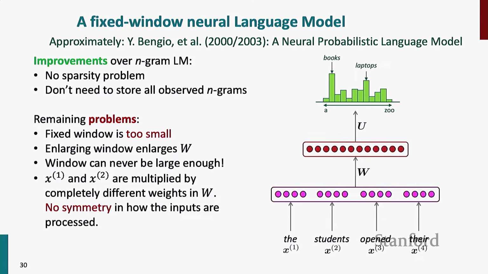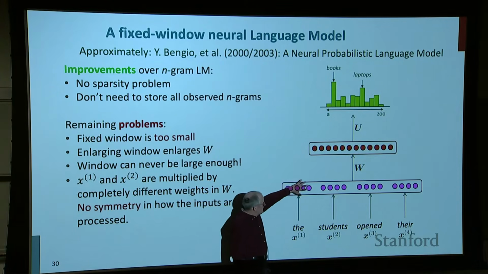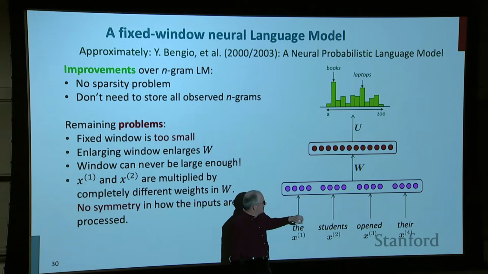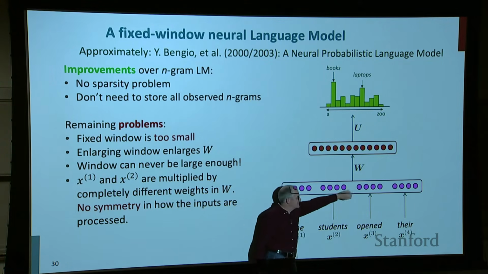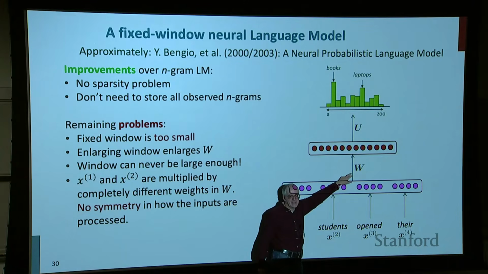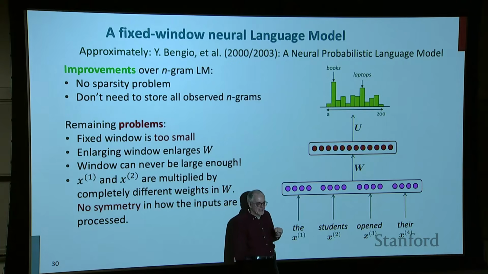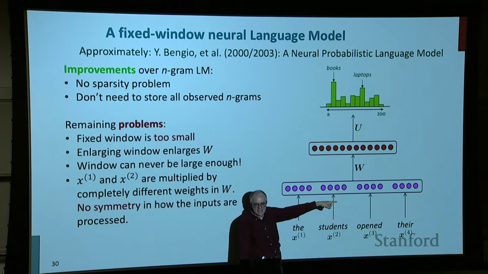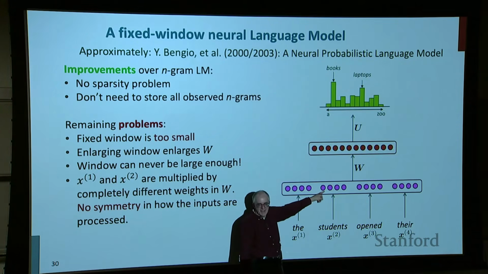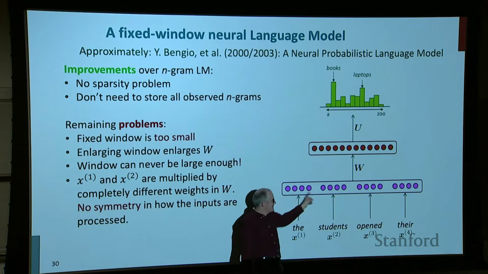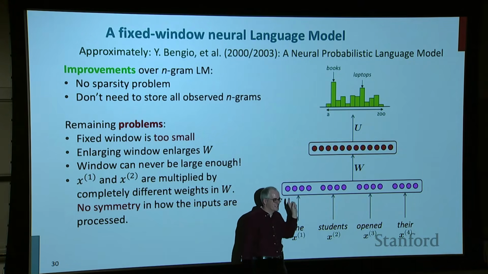There's another thing that, if you look technically at this model, might make you suspicious of it, which is, when we have words in different positions, those words in different positions will be treated by completely different subparts of this matrix W. So you might think that, okay, for predicting that books comes next, the fact that this is a student is important, but it doesn't matter so much exactly where the word student occurs.